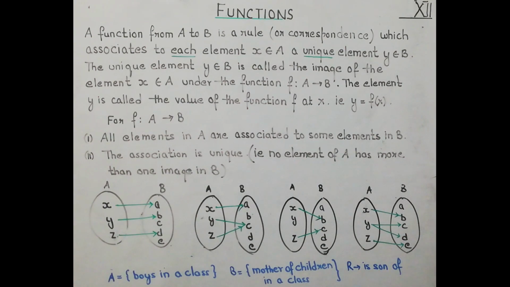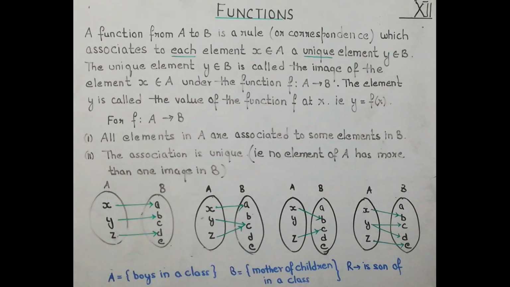Whereas in set B, we have taken all the mothers of the children in the class. That means set B does not have only the mothers of the boys. Is it clear? Set B is the set of all mothers of the children in a class.